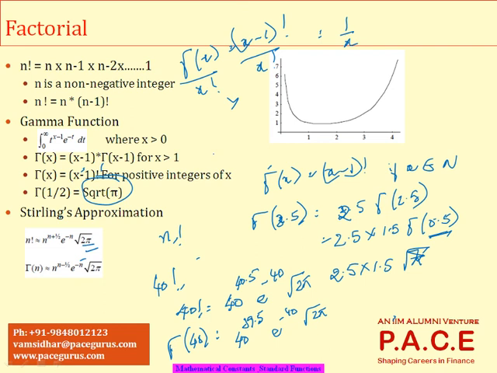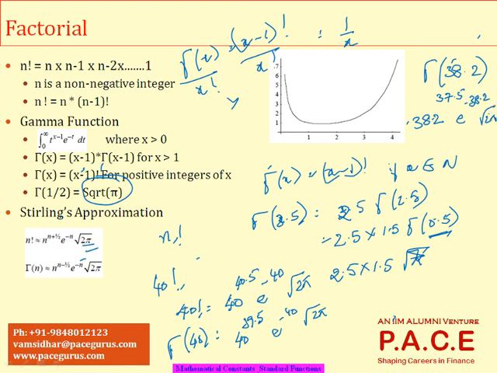And in some cases, probably if the question asks for the value of gamma 38.2, that is one of the places where I suggest you use the Stirling approximation: 38.2 to the power of 38.2 minus half, which is 37.5, into e to the power of minus 38.2 into square root of 2 pi.